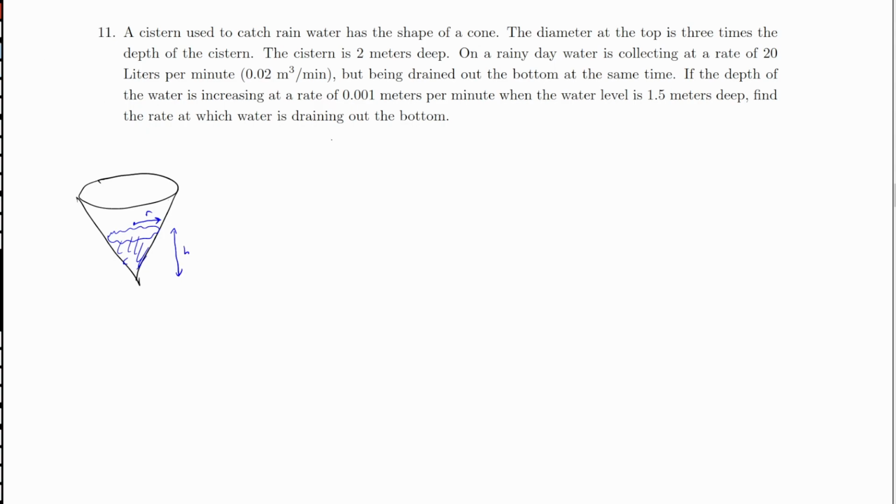The container says it's 2 meters deep, and the diameter at the top is 3 times the depth. So if the whole cistern is 2 meters deep, then the diameter is going to be 3 times that, so that's 6 meters, which leaves me with a radius of 3.